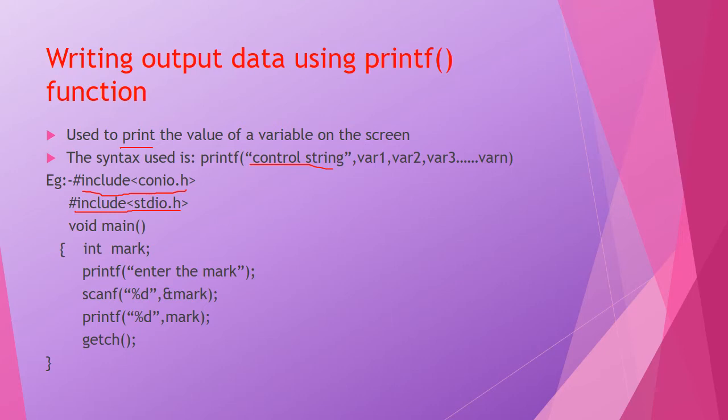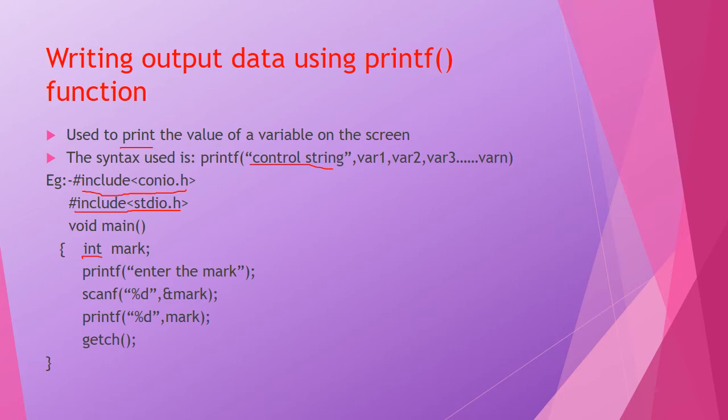Next, here we are writing the program for taking the mark of a student, to enter the mark and print it. The mark is an integer value, so I have declared it with int. One more thing you have to note: every time after void main is the declaration section.